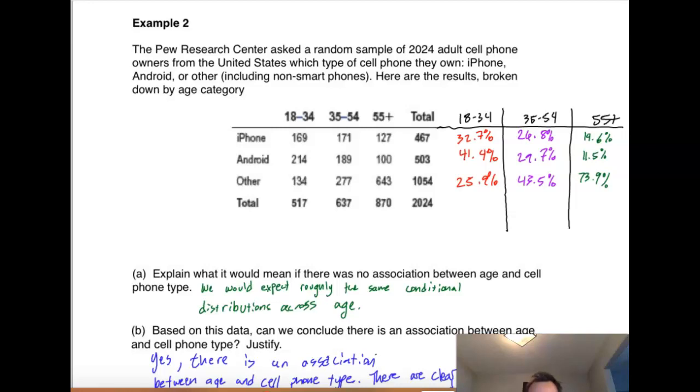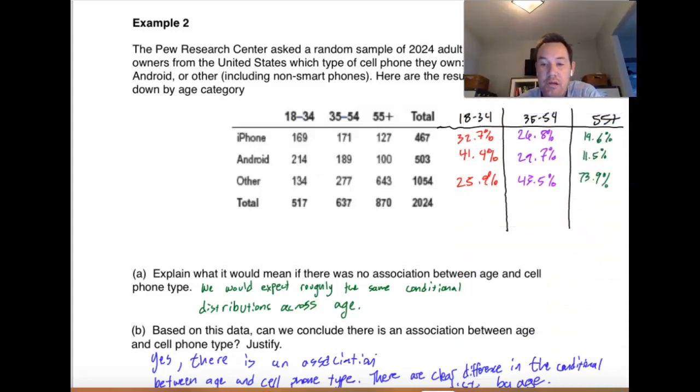Sorry, I did not space that very well, and you also can't see it because I have my window over it. There we go. So there are clear differences in the conditional distributions by age.